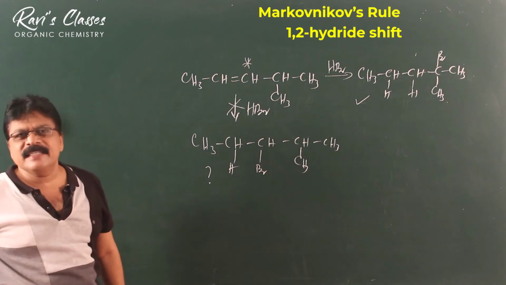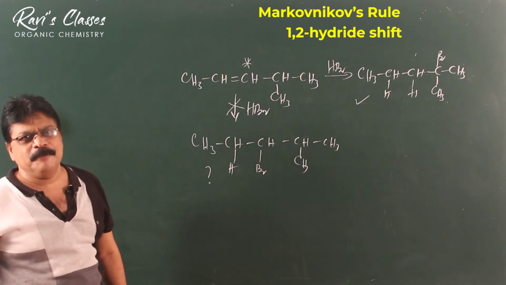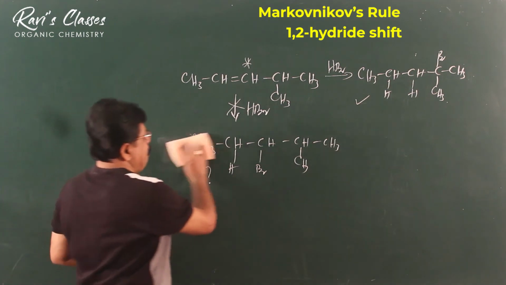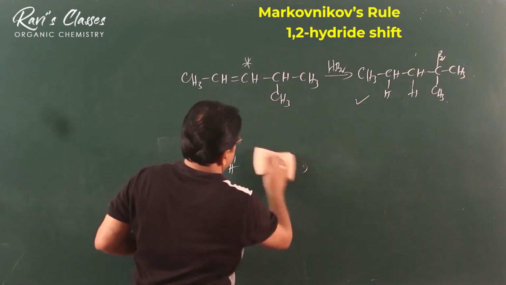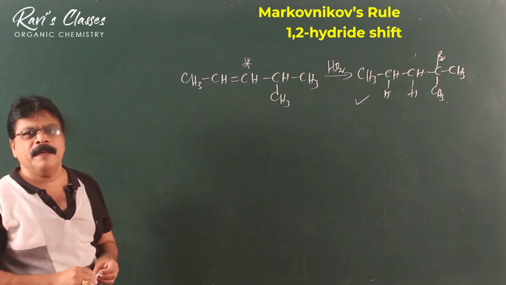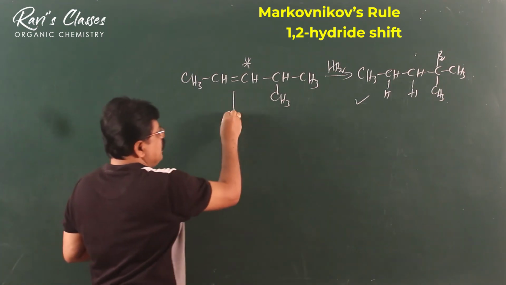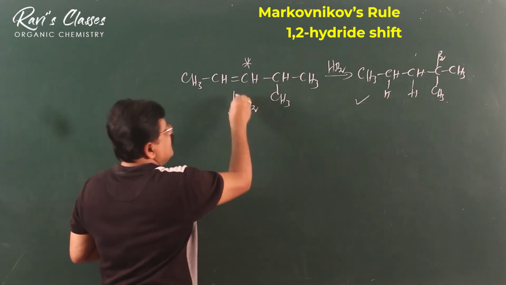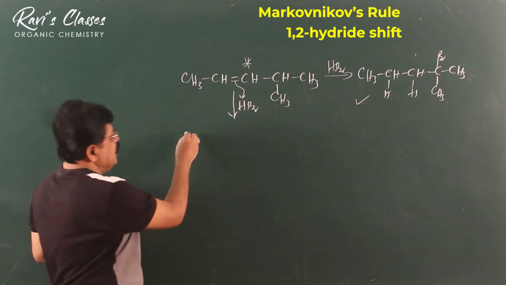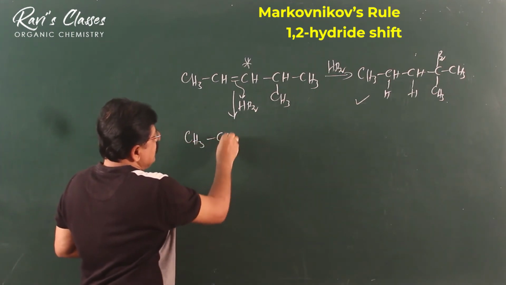Here, a very interesting thing has to be understood. It is called the rearranged product. What happens here? Actually, when we add HBr, the first step is taking of H. Accordingly, what is obtained?